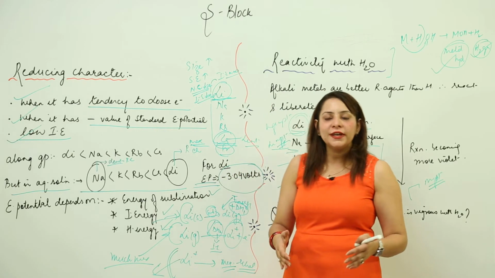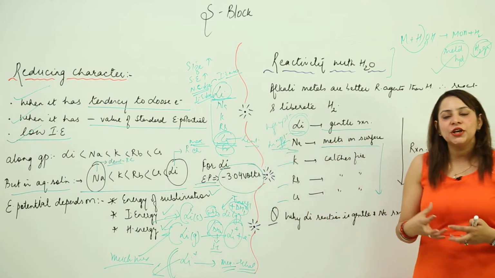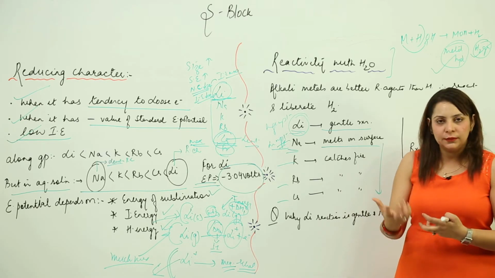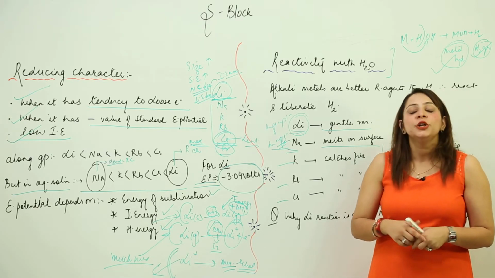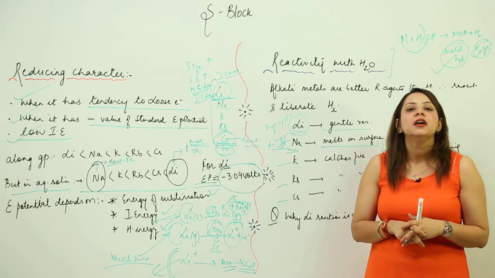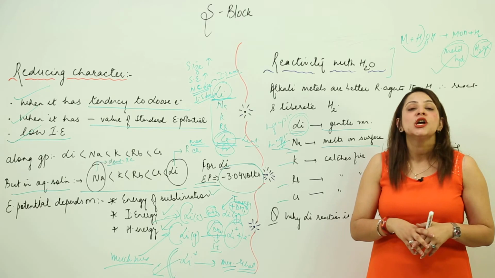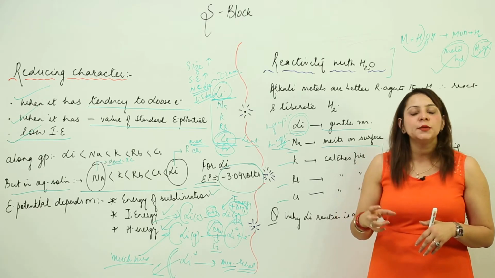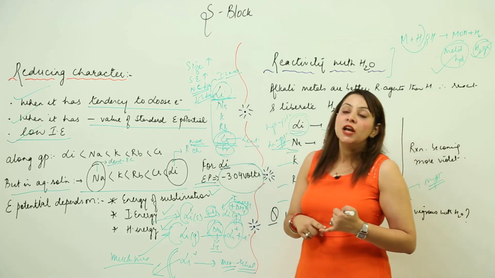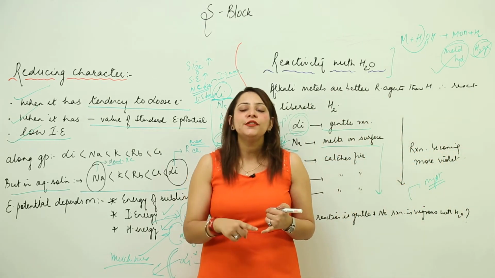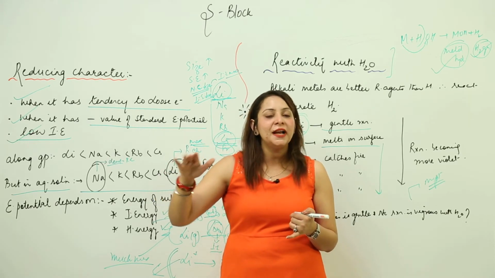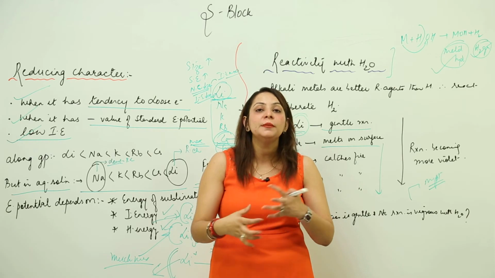So, if somebody asks you why lithium reacts gently and why sodium reacts more vigorously as compared to lithium, you have to explain that there is a difference in the melting points of lithium and sodium. As lithium is smaller in size, it will have a higher melting point as compared to sodium, and we also need to consider the heat of reaction. When we add sodium to water, the heat of reaction is sufficient to reach the melting point of sodium, so it melts and the reaction becomes faster.